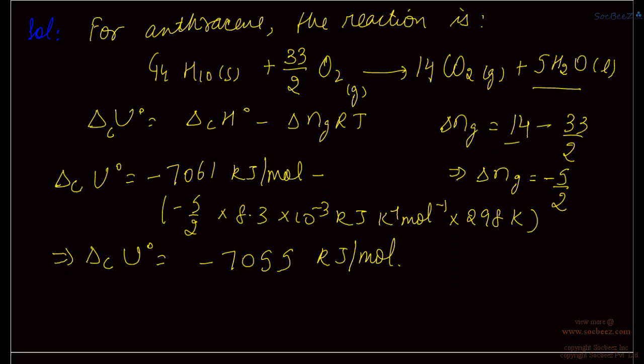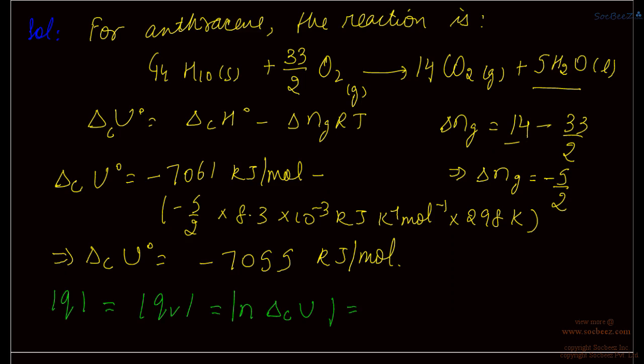Now since we know that Q equals QV, since volume is constant, and hence equals n into delta U, the total amount of heat transferred at constant volume equals n into the change in internal energy.